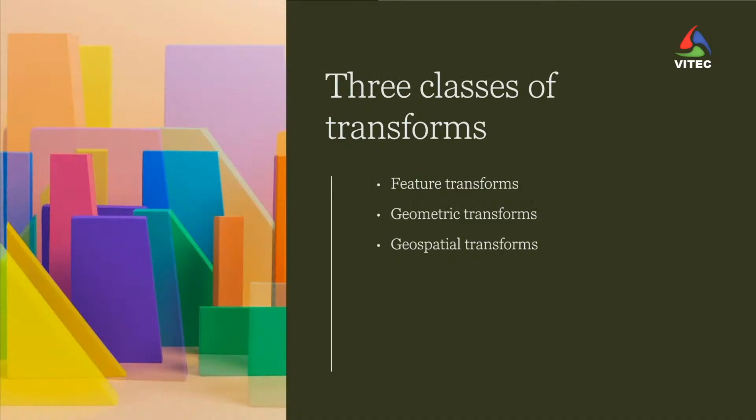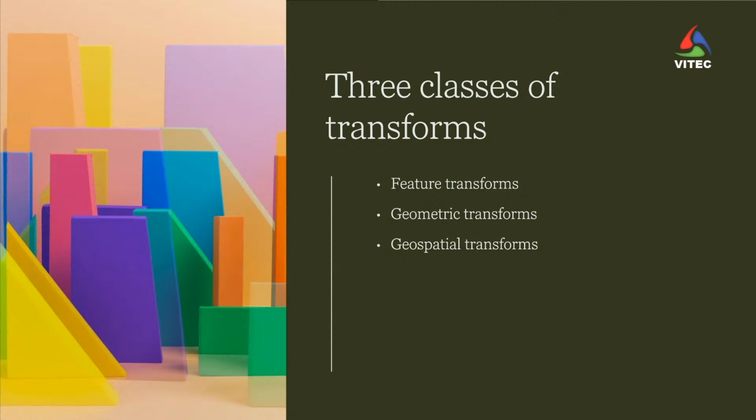Before we jump into the examples, let's categorize these transforms into three main kinds. There are feature transforms. These are ones that consume your values. For example, you have your geotable, you look at just the measurements, you operate on these values, and you return a new geotable. Geometric transforms, on the other hand, operate on the domain of the geotable.